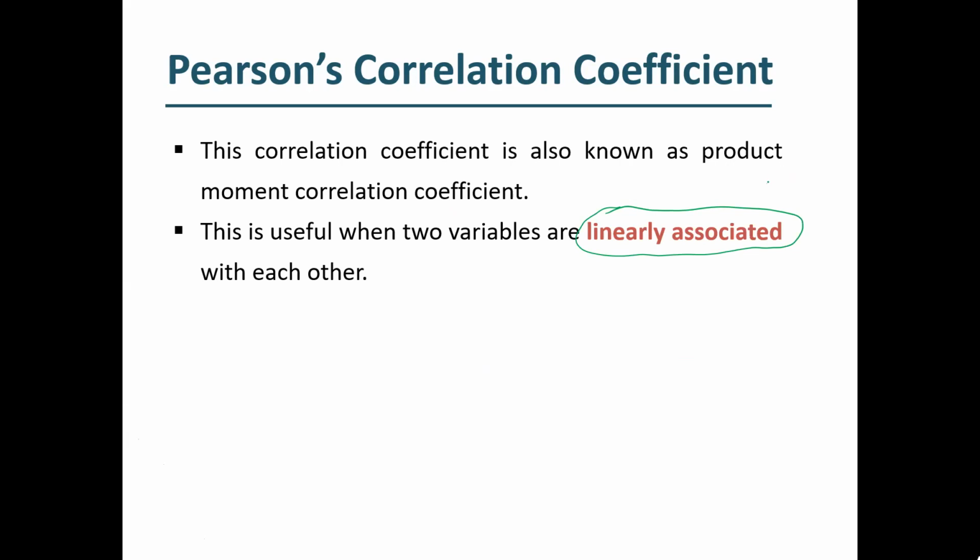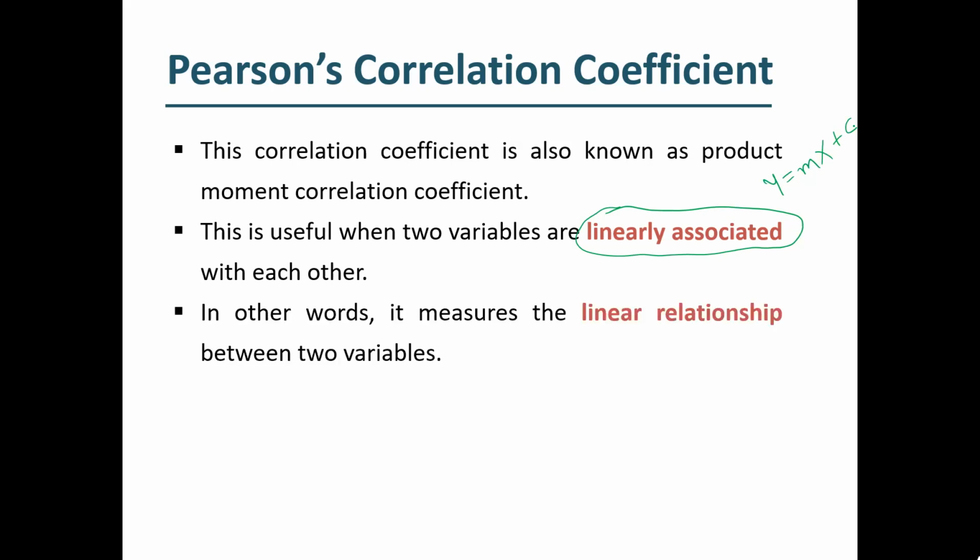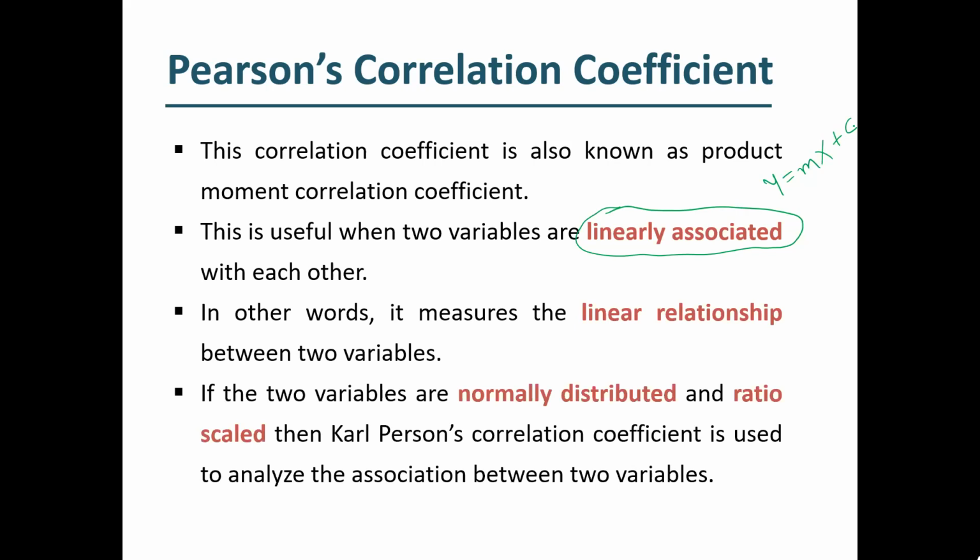As I said, the equation is y equals mx plus c. This equation shows that x and y are linearly associated with each other, and this linear association can be positive or negative. If the two variables are normally distributed and ratio scale, then Karl Pearson's correlation coefficient is used.